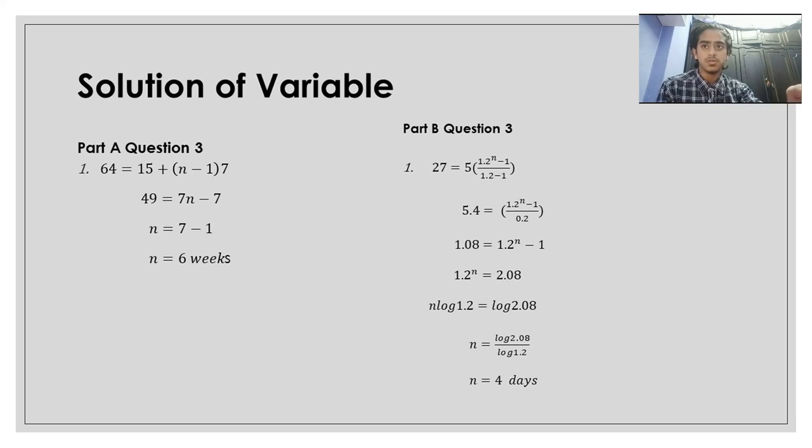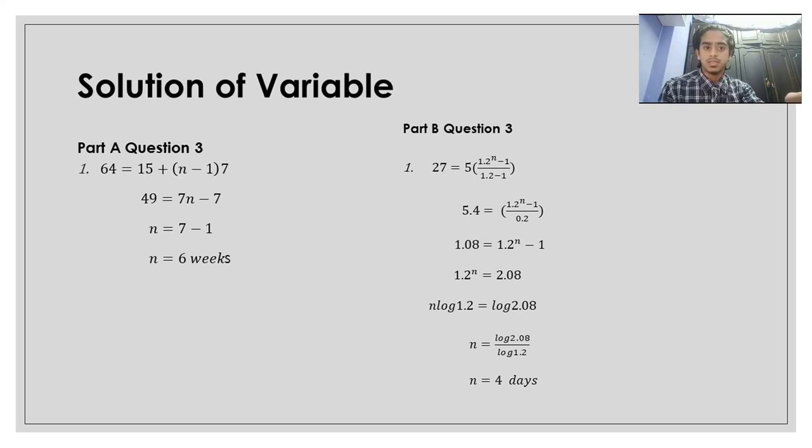So yeah, that's the formula. So the solution sounds like this: 27 kilometers, the total, is equal to 5. So 5 is the first term, 5 kilometers. In the bracket, common ratio is 1.2, because she increased by 20%, 100% plus 20%, so 120%, so 1.2. So 1.2 to the power of n minus 1 over 1.2 minus 1, close the bracket.